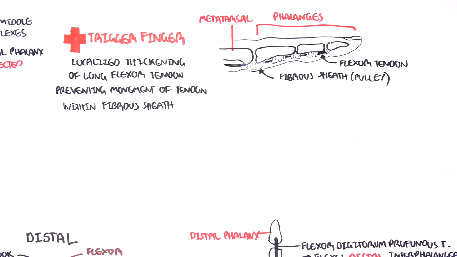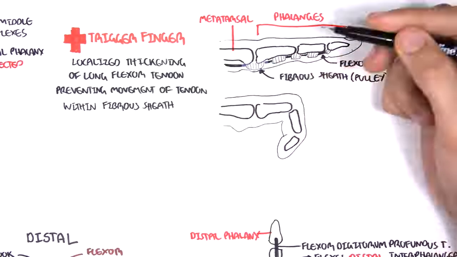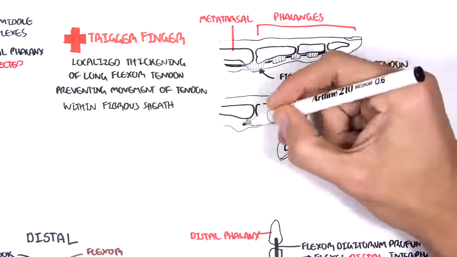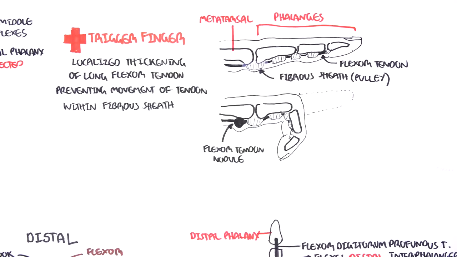A trigger finger is essentially where you have a nodule or thickening of the flexor tendon that runs under the fibrous sheath. And this causes restrictive movement of that finger. In this case, the flexor tendon thickening or nodule is occurring in between the metacarpal bone and the proximal phalanx. This inhibits the flexion between the metacarpal and proximal interphalangeal joint.